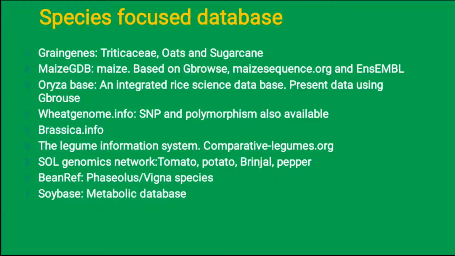BrassicaInfo focuses on mustard, the Legume Information System focuses on legumes, and the Sol Genomics Network focuses on tomato, potato, brinjal, and peppers, such as Solanaceous crops. BeanRef focuses on Vigna and Phaseolus species, and SoyBase especially focuses on soybean.